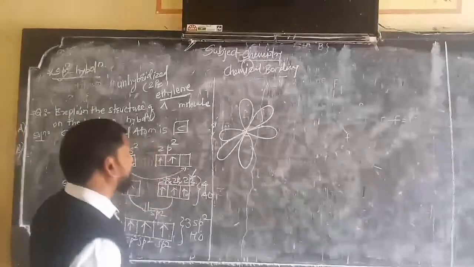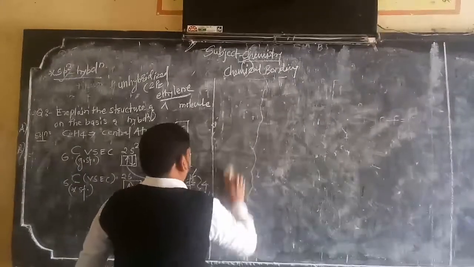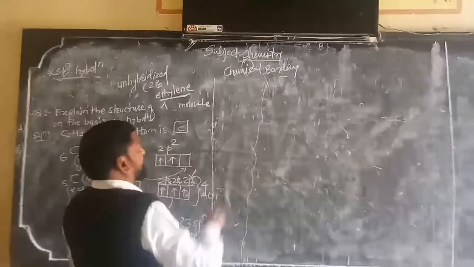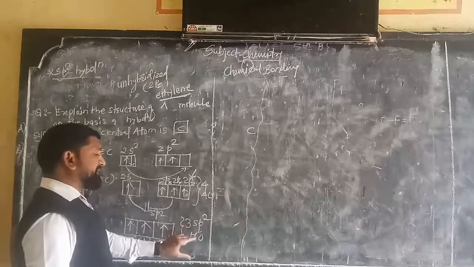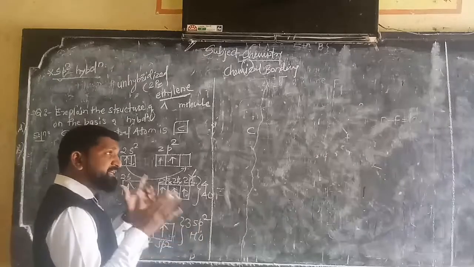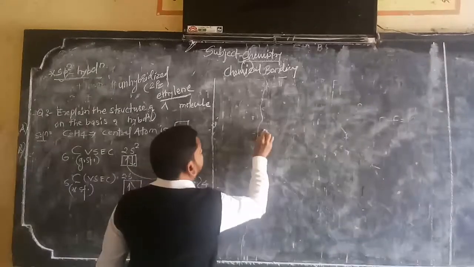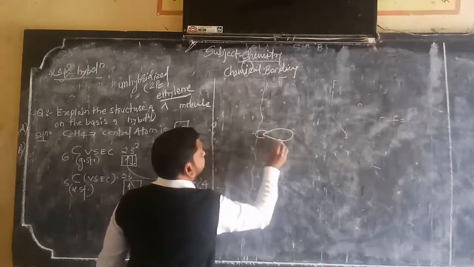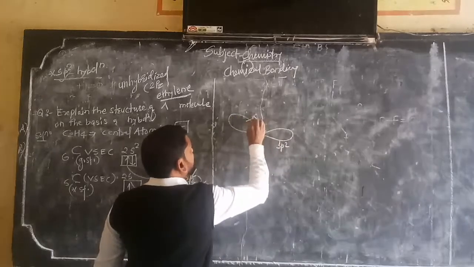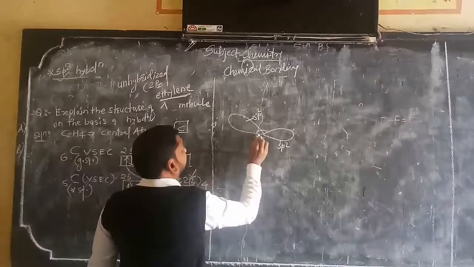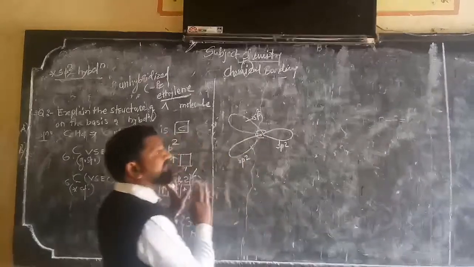Or in another way we can draw this: the sp2 hybrid orbitals elongate themselves into the three corners of a regular trigonal planar shape. Therefore we will draw them like this. Number 1 sp2, number 2 sp2, and number 3 sp2. Now it is better than the previous one.